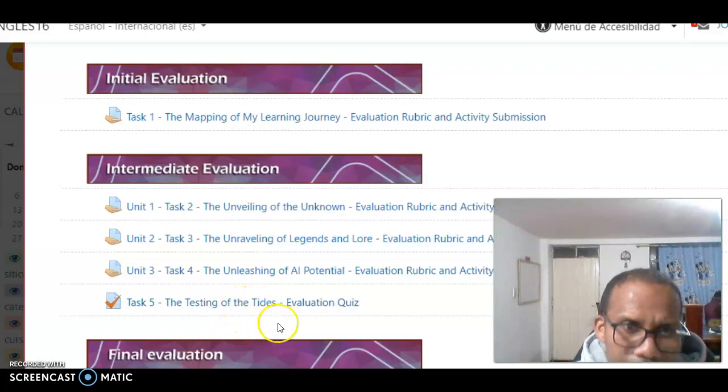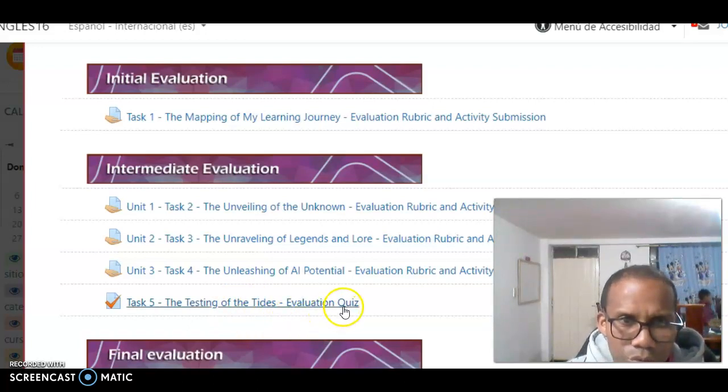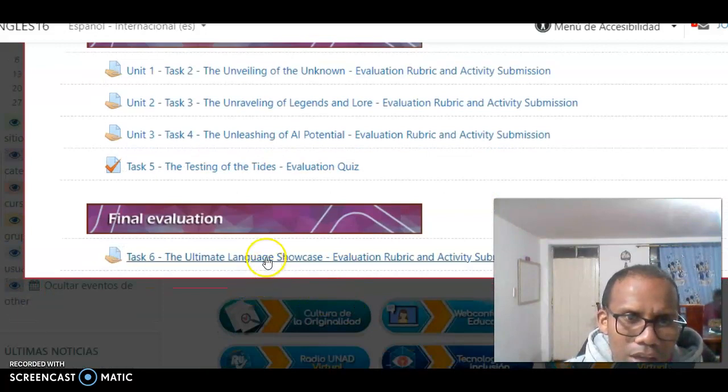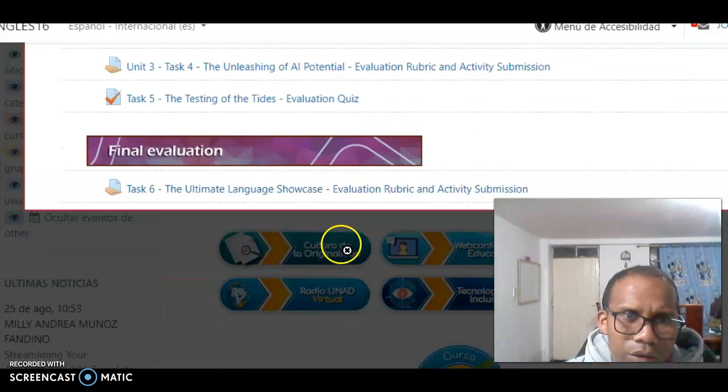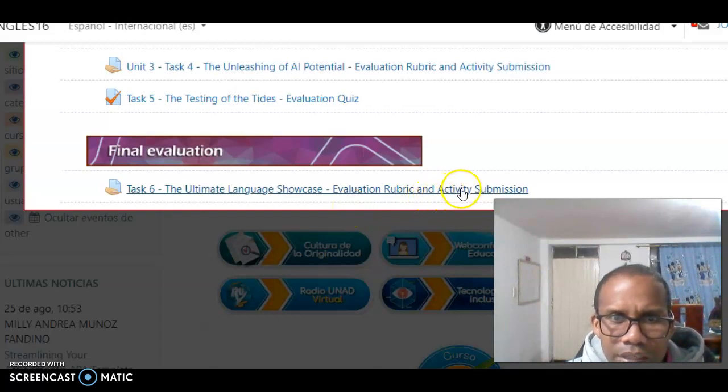The testing of the evaluation quiz. And finally, we had task 6, the ultimate language scale evaluation rule and activity submission.